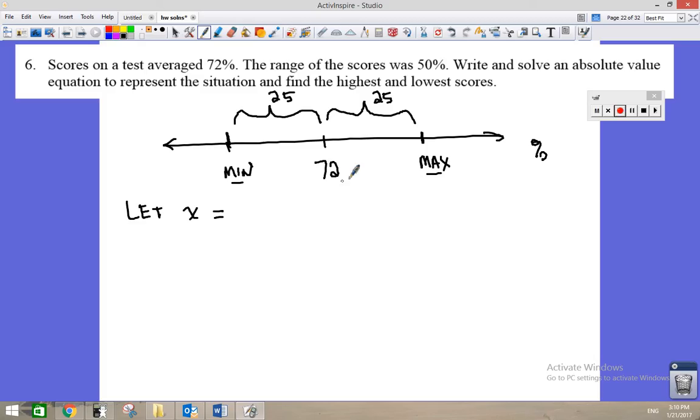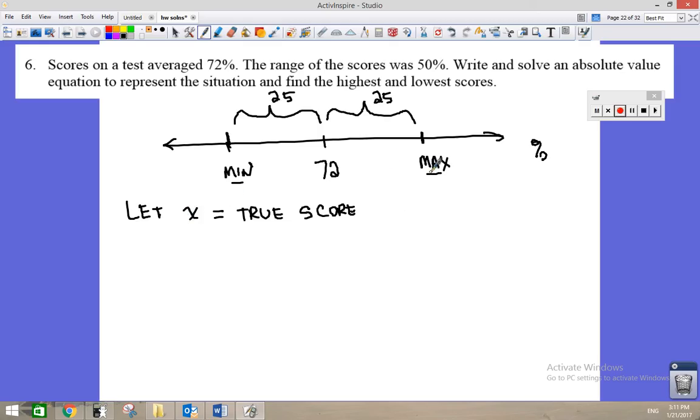We'll let x be the true score. And the reason I'm pausing here as I'm thinking is that x is going to have two solutions.